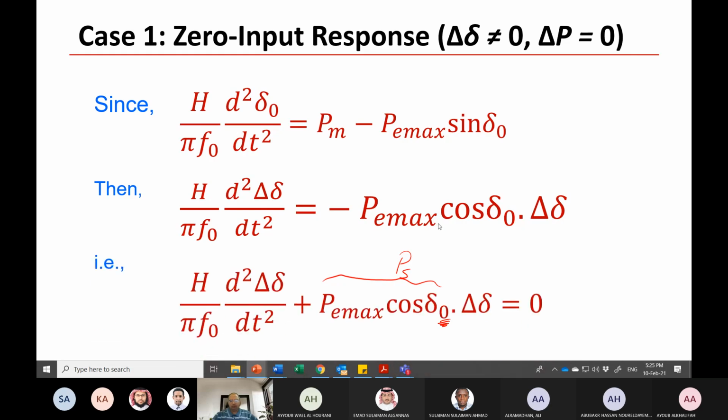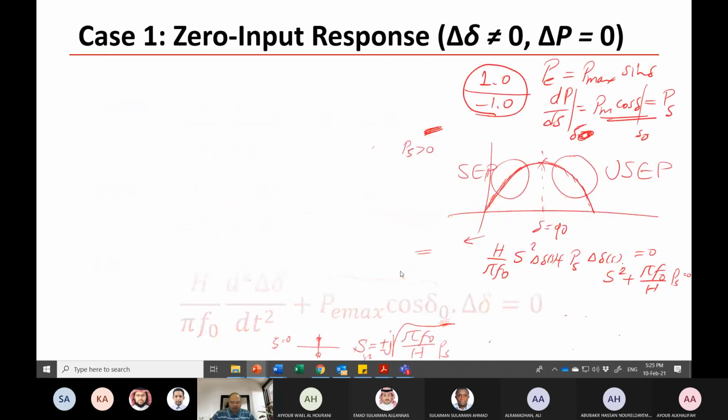So we can define now Pmax cosine delta 0. We'll define it as the synchronizing torque or synchronizing power coefficient, and the physical meaning of this Bs is the tangent of the power delta curve. So this is the slope of the curve at any operating point.